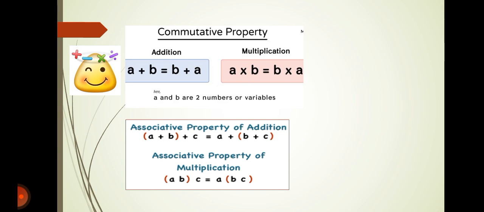For multiplication, the law states that a times b in the bracket, times c is same as a into the bracket b times c. This we have already covered in our previous video.